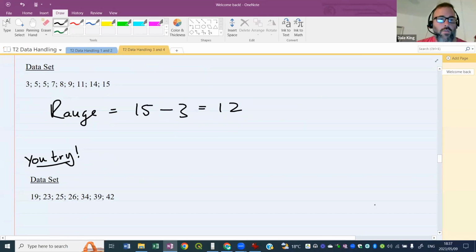What is the range for your data set? Highest minus lowest. All right, there we go. Nice and easy. Good job.